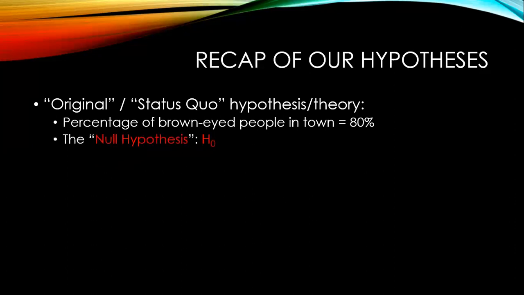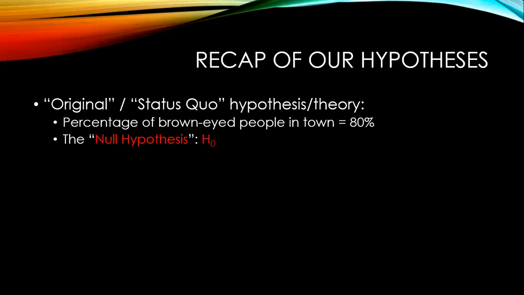The technical term for this is a null hypothesis. So in stats, we call this a null hypothesis. The null hypothesis is something equals something. So the percentage of brown-eyed people in the town is 80%, or the average height of people in your town is 10 centimeters, whatever it may be.